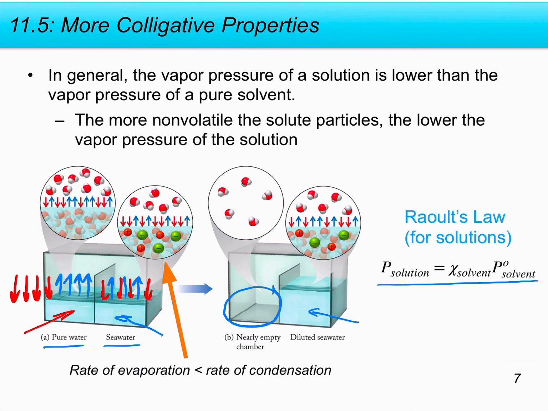We don't have a volatile component 1 and a volatile component 2. In this case, we just have one volatile component. So we need the mole fraction of the solvent, and then the vapor pressure of the pure solvent as well. So those will both be related to water in this particular case.